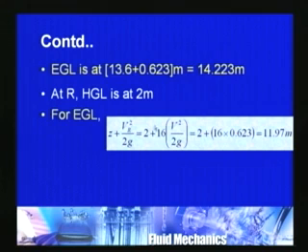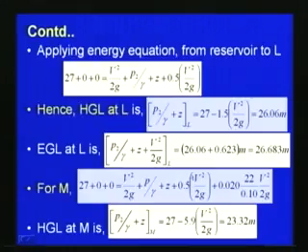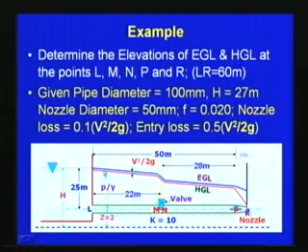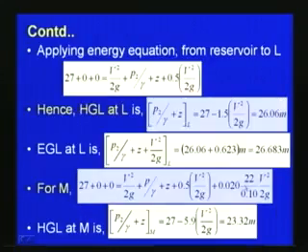At R, that means the exit, HGL is at 2 meter, which is only Z, and EGL is Z plus VR square by 2g. So VR square by 2g is 16 V square by 2g plus 2, so that will be 11.97 meter. This we can plot like this. Here the red line shows the HGL and the blue line shows the EGL for this problem.